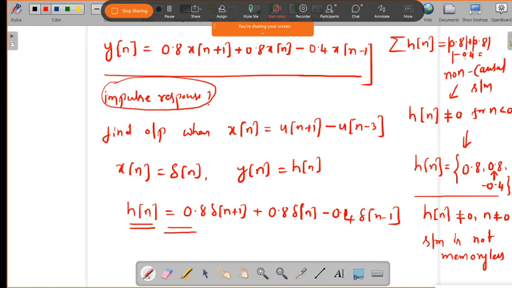So, always take magnitudes, that is, 0.8 plus 0.8 plus 0.4, which is nothing but the value 2, which is less than infinity. So, this system is stable. Okay. So, now we need to find out the output when we give x of n as u of n plus 1 minus u of n minus 3. Okay.